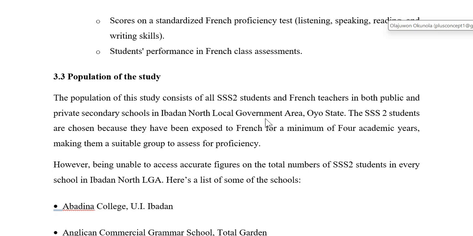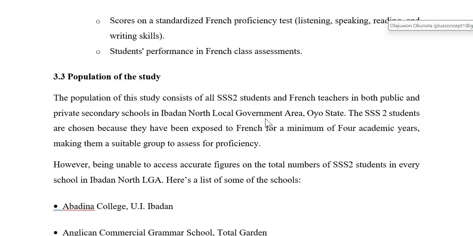Then the population is the number of SS2 students in this area, that is the population we are looking at. You can see that it's talking about the population of this study. The population of this study consists of all SS2 students in French, and so on. You understand what I'm saying.